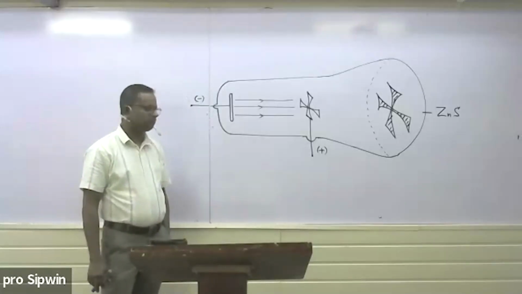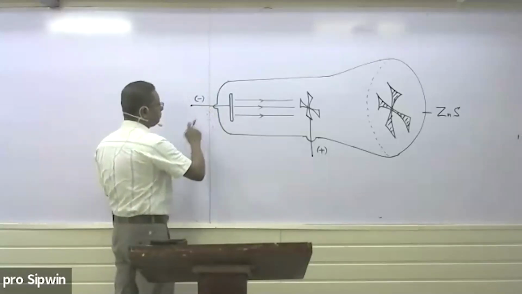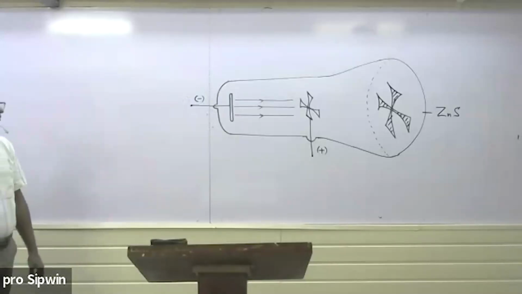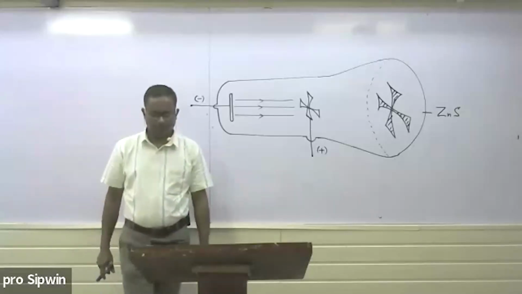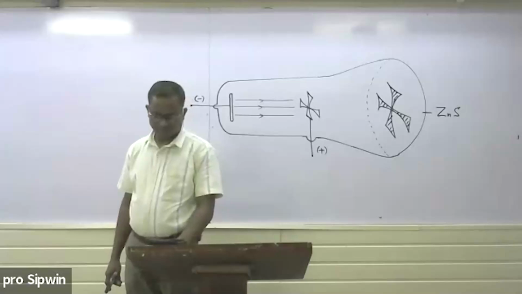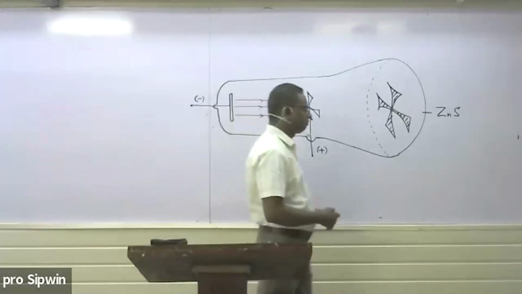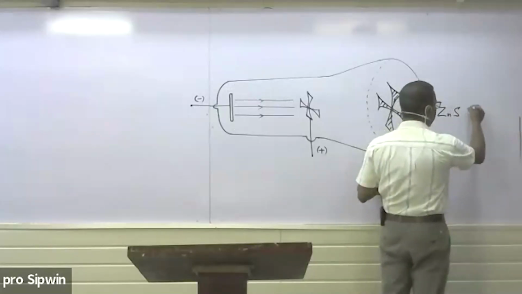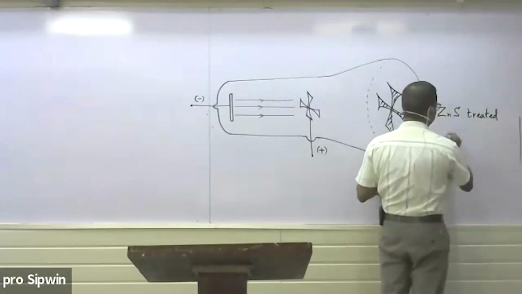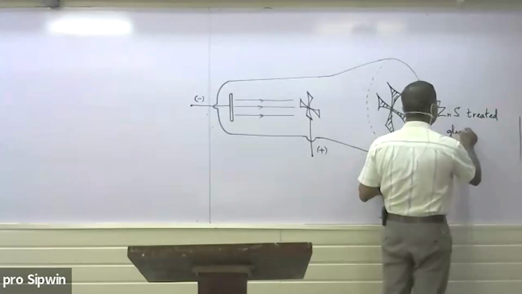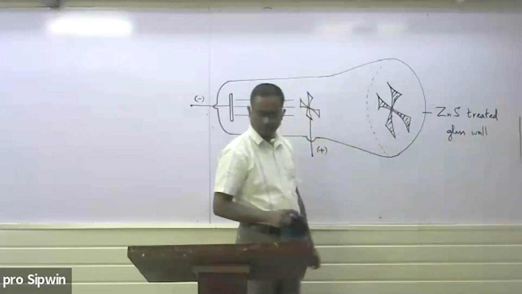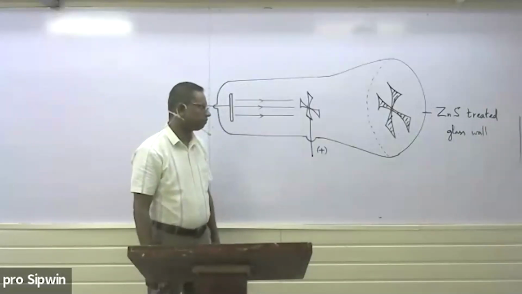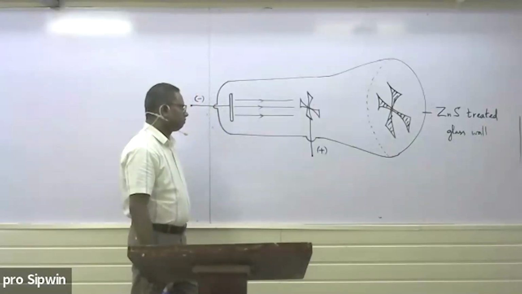Draw this diagram. Hurry up and draw. Zinc sulfide treated glass wall. This one is the anode.